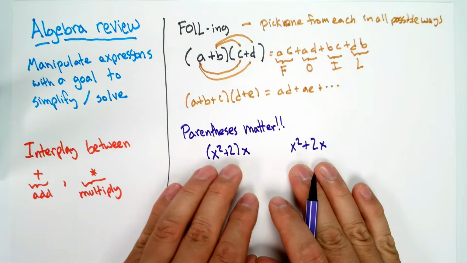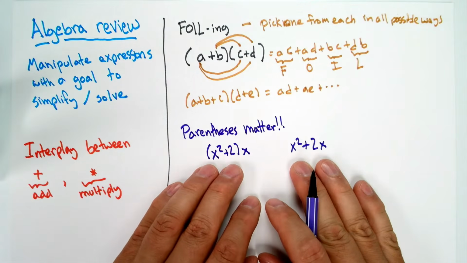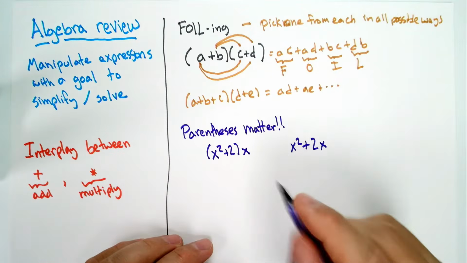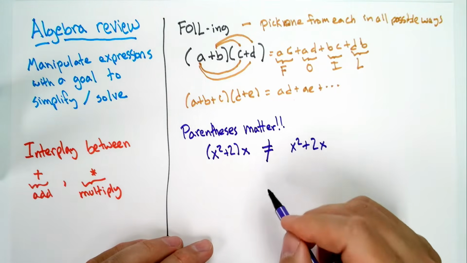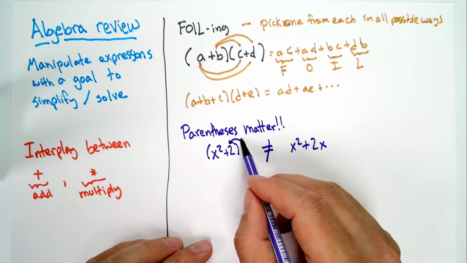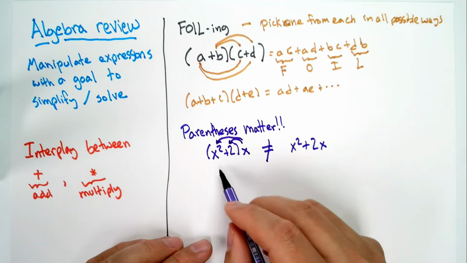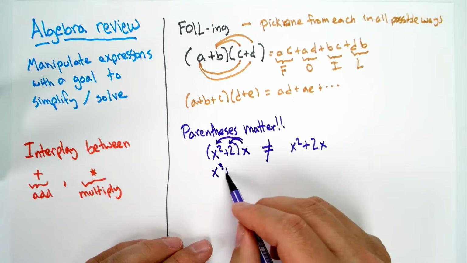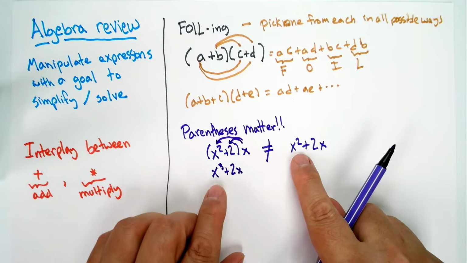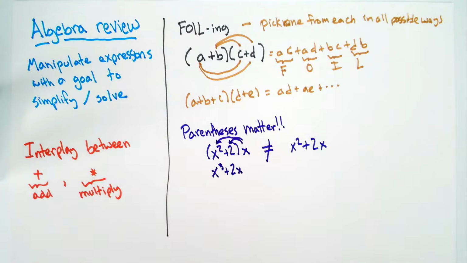The only difference is here we have parentheses, and there's no parentheses. Are these the same? The answer is they're not the same. Why? Notice here that the x would distribute into both terms. So you're really going to have x cubed plus 2x, not x squared plus 2x. So remember that the x distributes through.